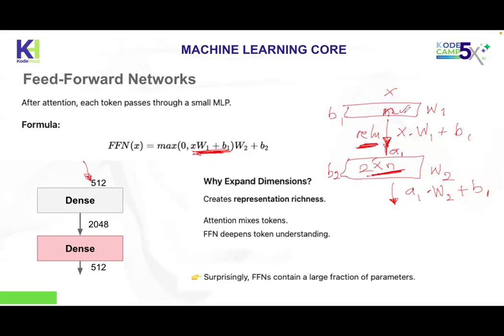Let me correct myself. You have an input of n, a number of inputs n. The number of neurons in the first layer is typically twice the number of inputs, right? That means the input into the second one will also be 2 times n, but the number of neurons in the second layer will go back to n, right?